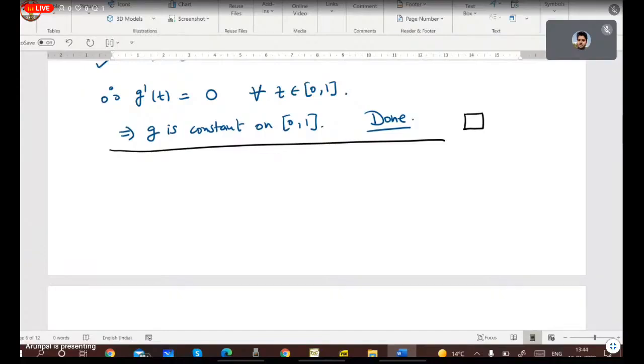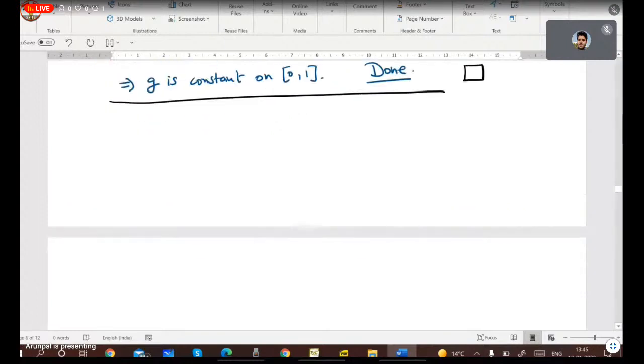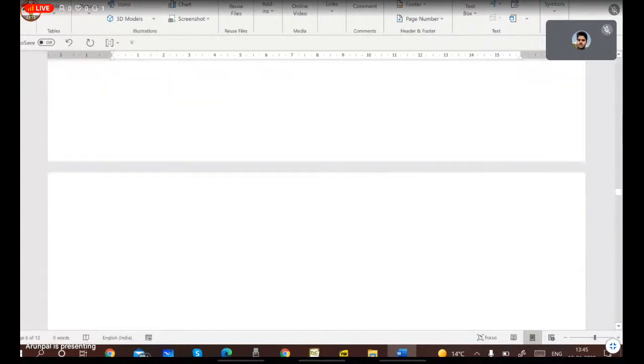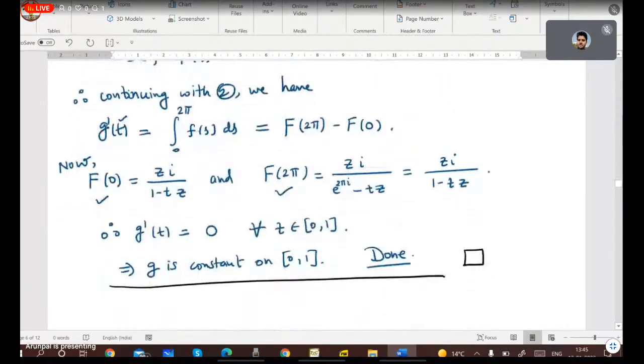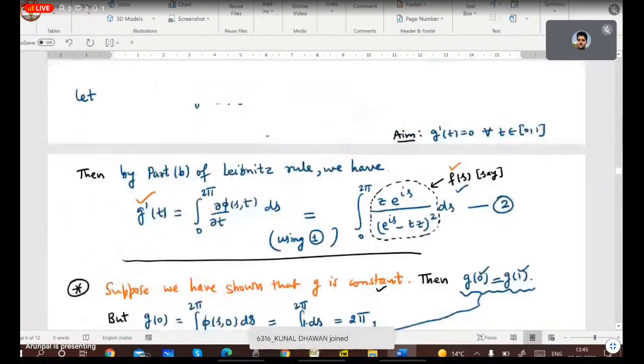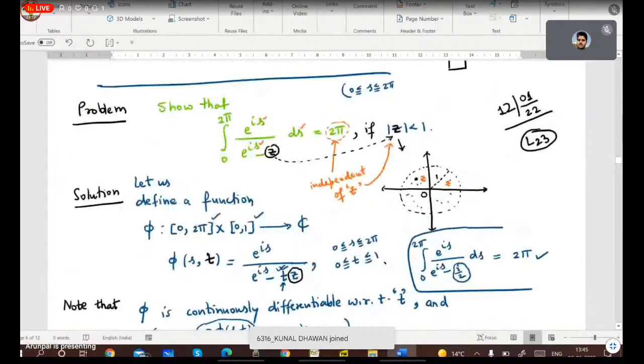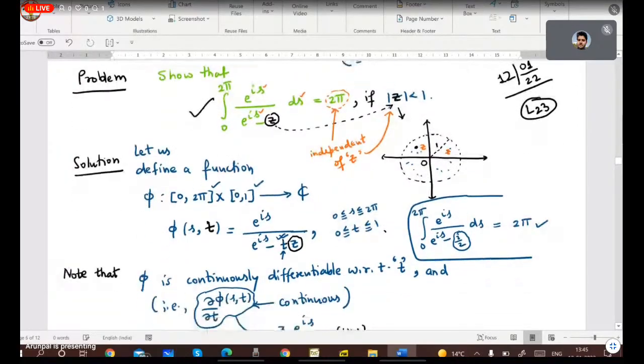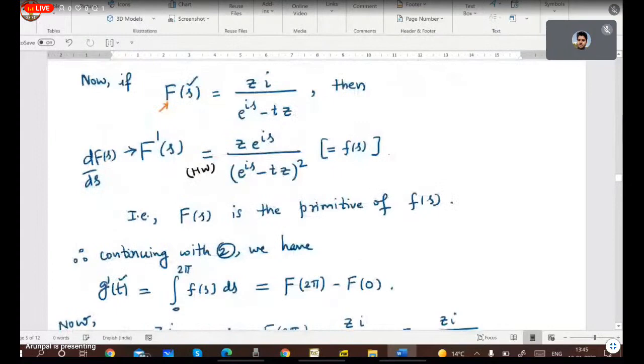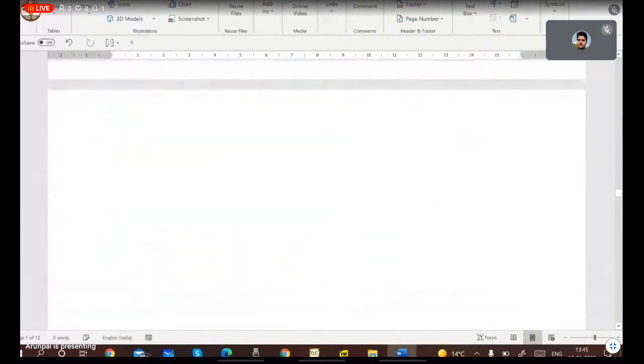Though here also the proof is quite easy, it seems to be a little lengthy. So now I am going to take Cauchy's integral formula, and I shall be making use of the integral value which we have just calculated in this result.